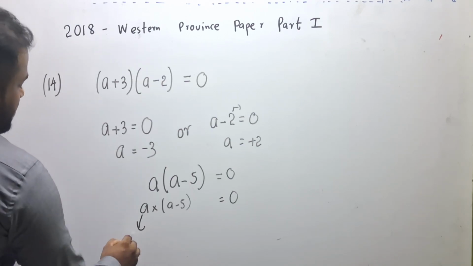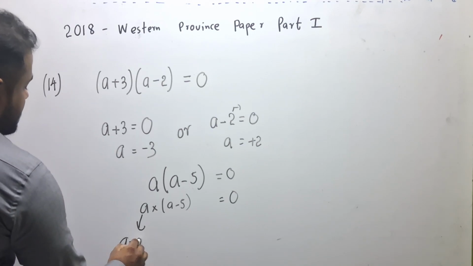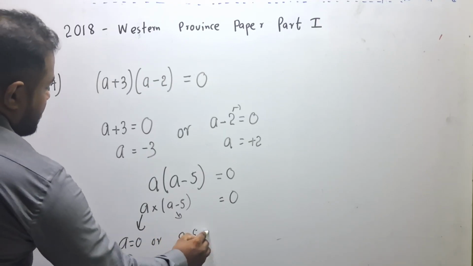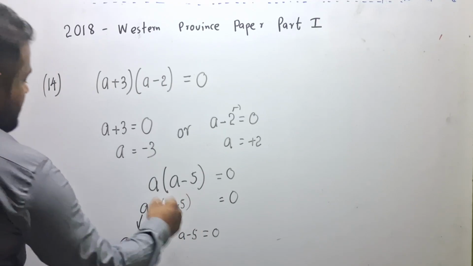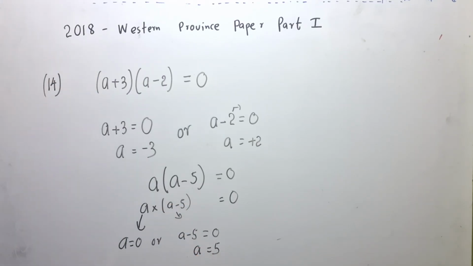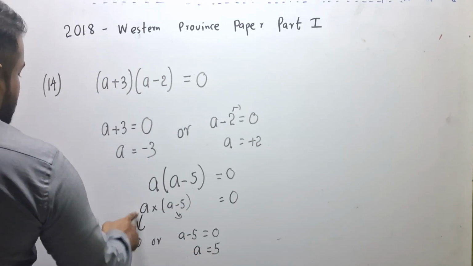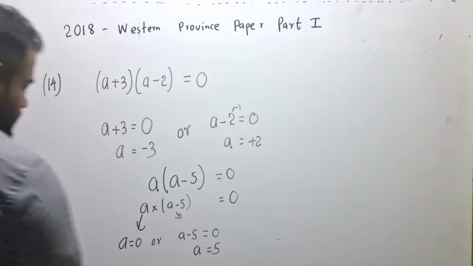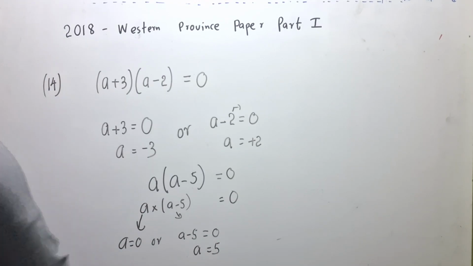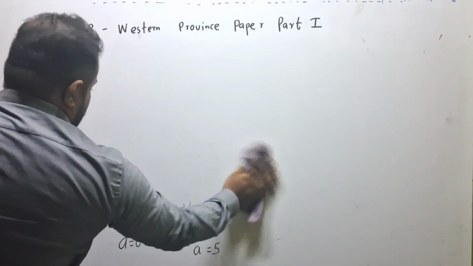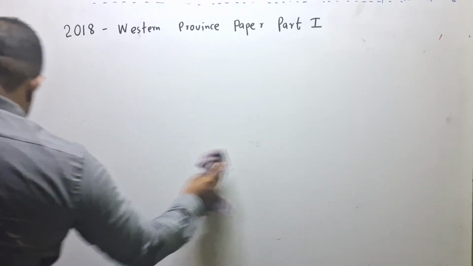A can be 0. A equals 0. Or this A minus 5 can be 0. A minus 5 equals 0 means A is plus 5. A equals 0 or A equals plus 5. Okay. We don't know what type of question may come to the exam. We have to be ready for every type of question.